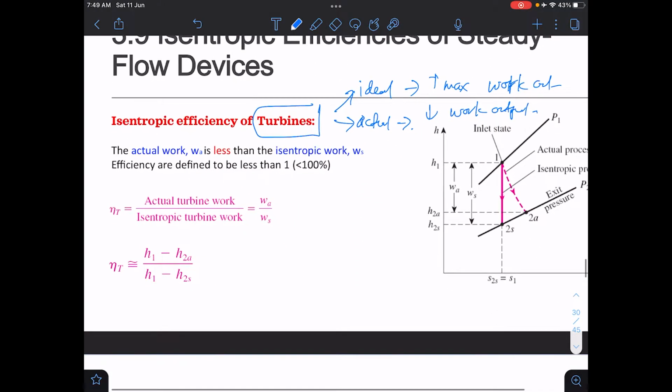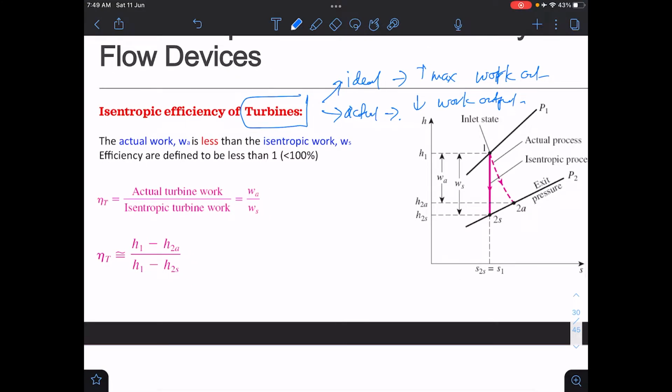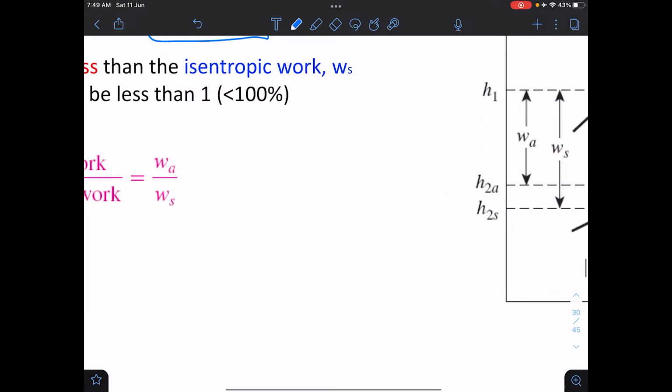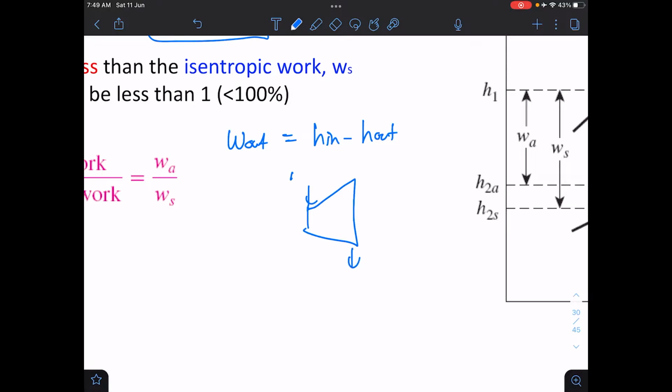Previously in the turbine analysis, we calculated the work output of the turbine as work out equal to H in minus H out. So if the process goes from state 1 to state 2, the input will be H1 while the output is H2.